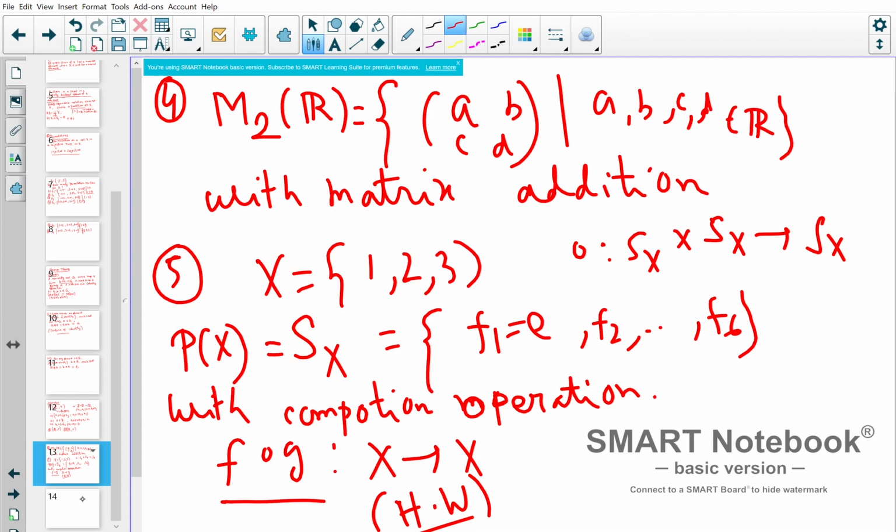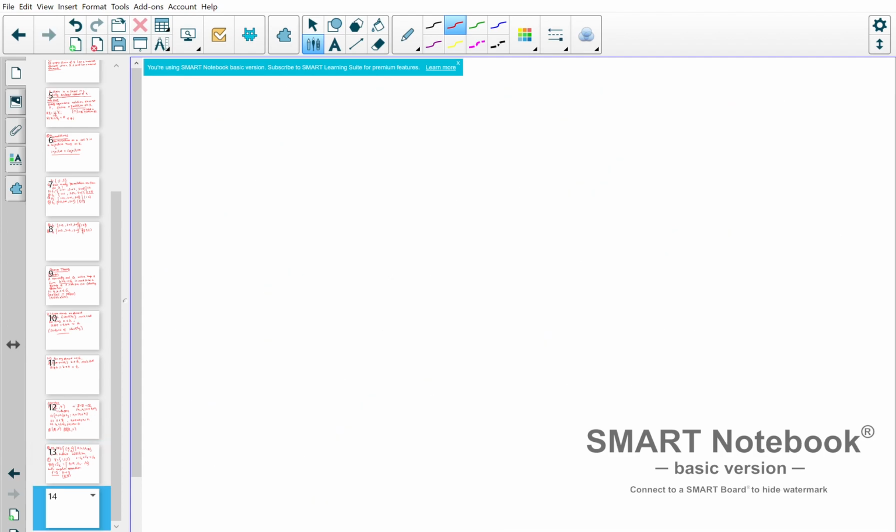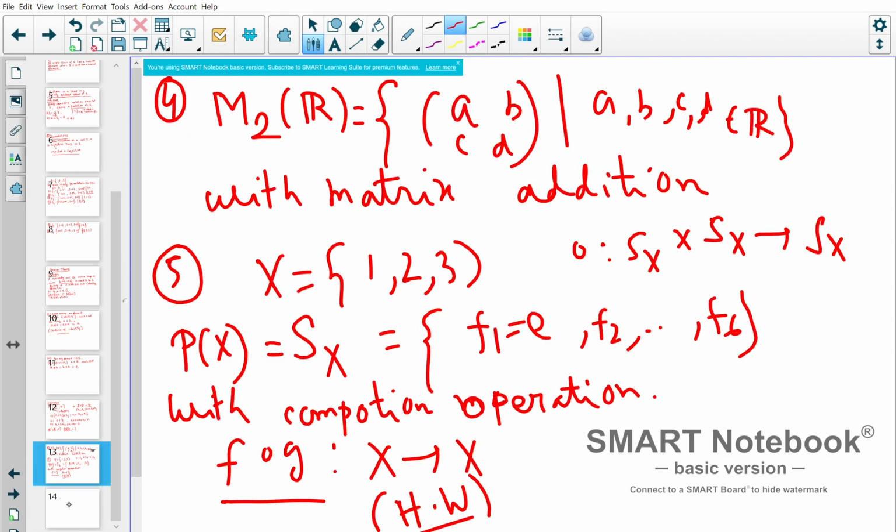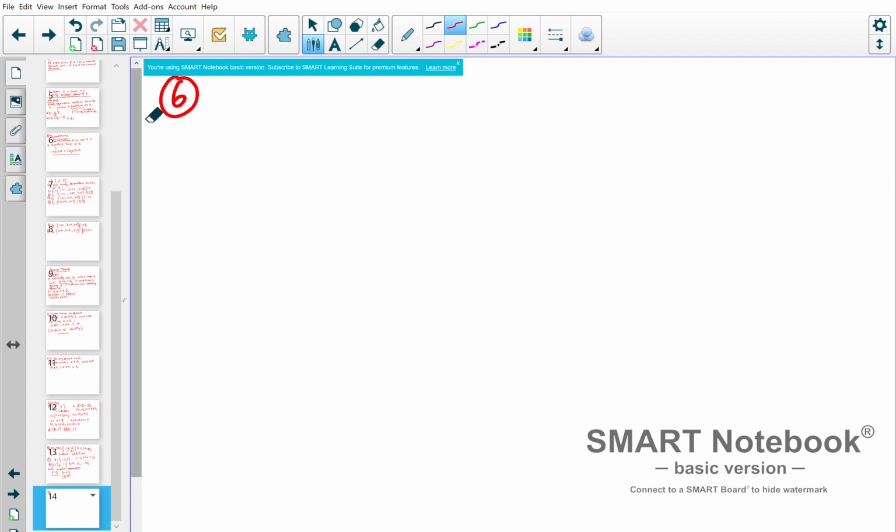And there is something called the group of symmetries. So let me write down that. What was the number? 6 probably. So 6 example. It is called the dihedral group. Let me define what this dihedral group is.